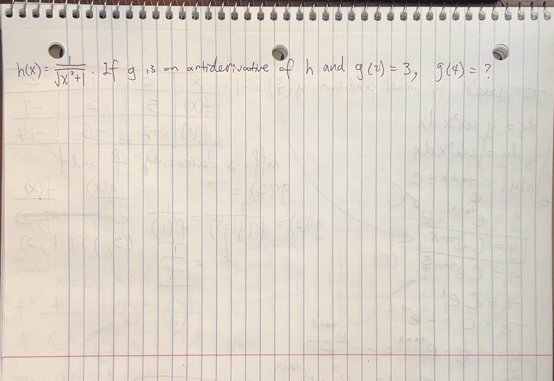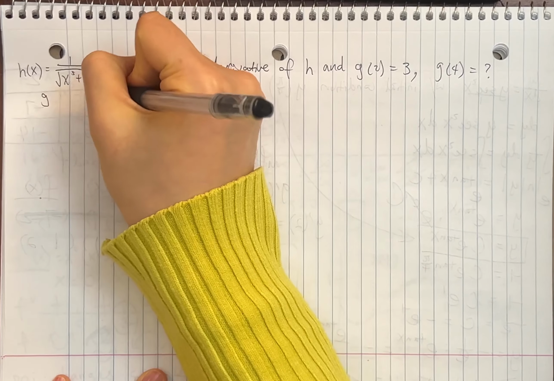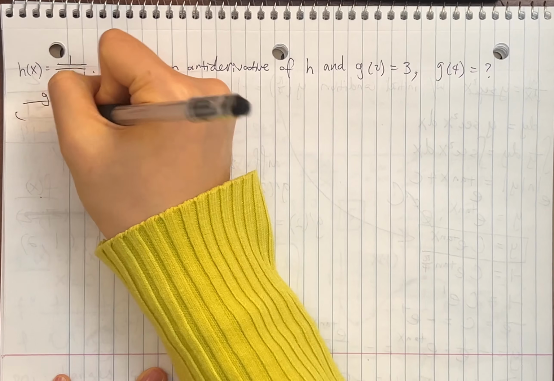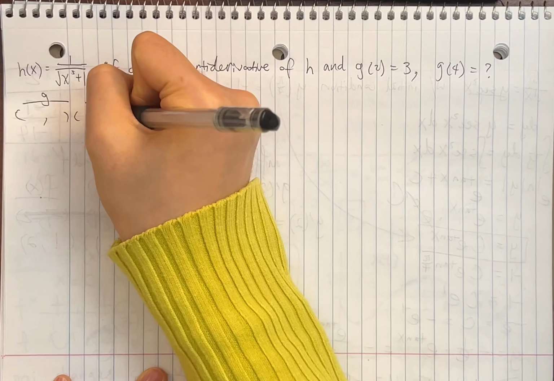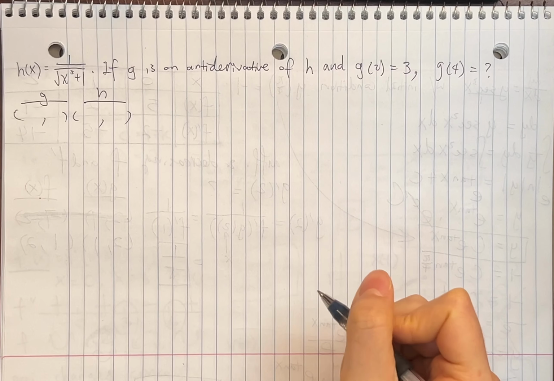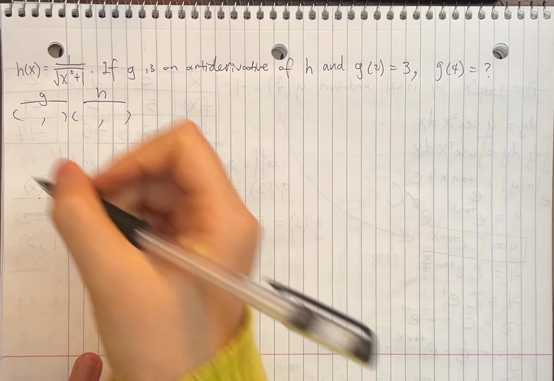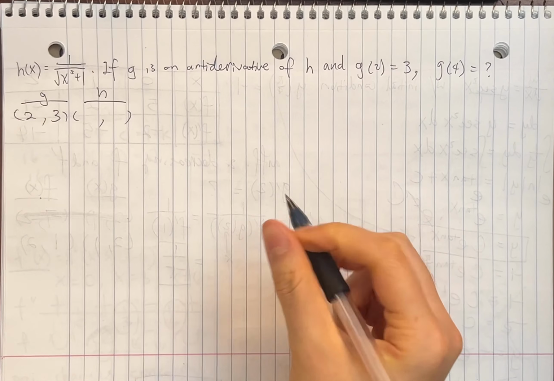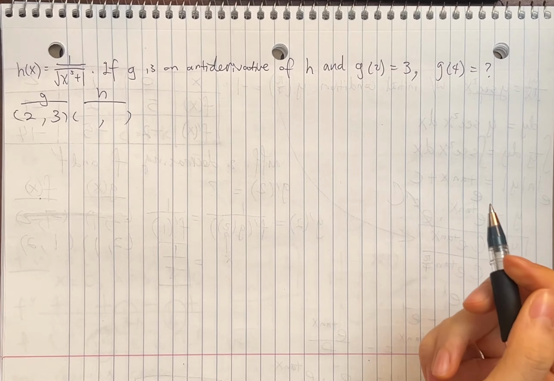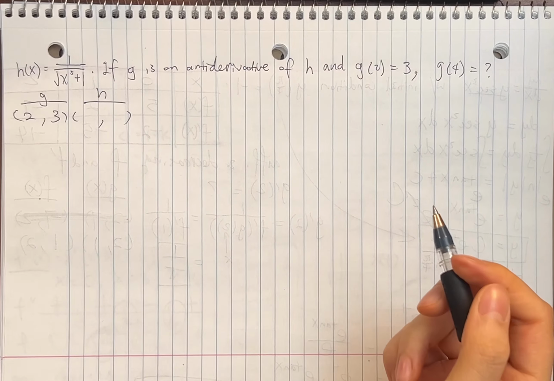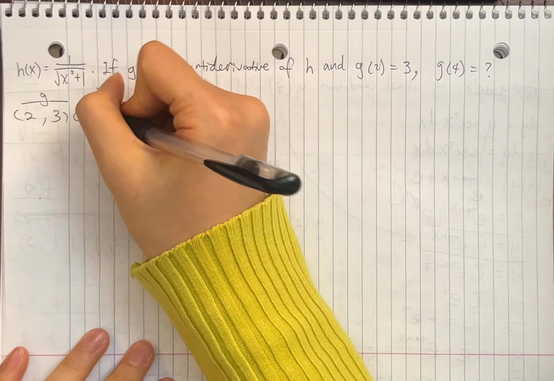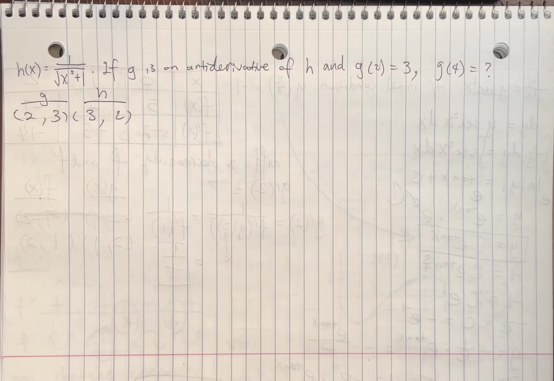We know that g is an antiderivative of h, so we can start by making a relationship between these two. We know that g of 2 is equal to 3, so 2, 3 in here. If they're inverses, then their x and y values are switched, so h has 3, 2.